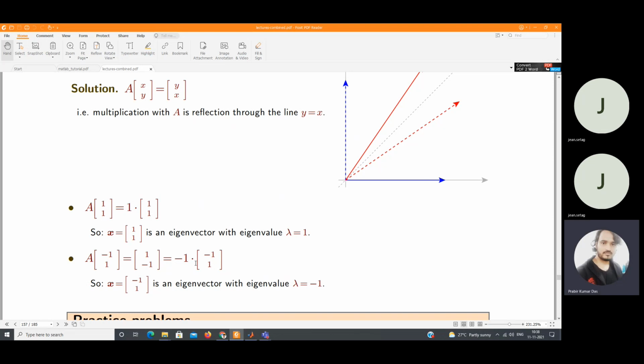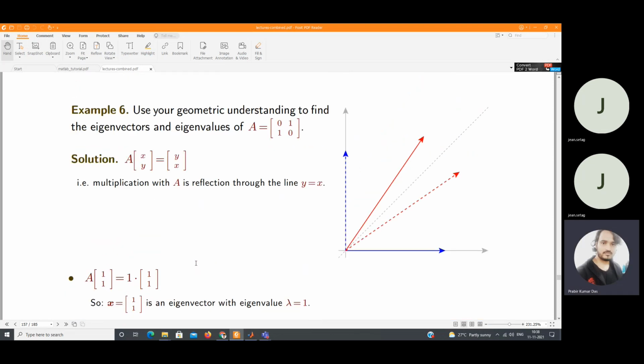Now what is the effect of this? We already know that this vector is a point in the xy plane. Suppose this is xy, this vector is this red line.